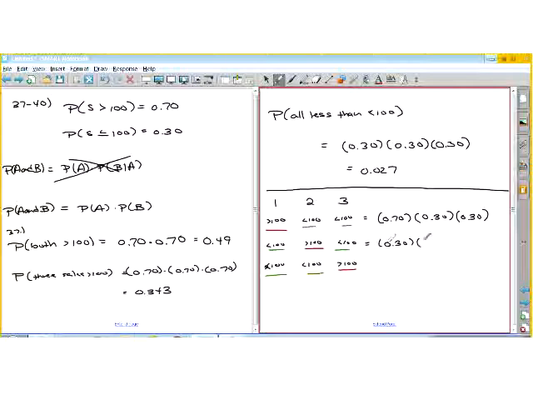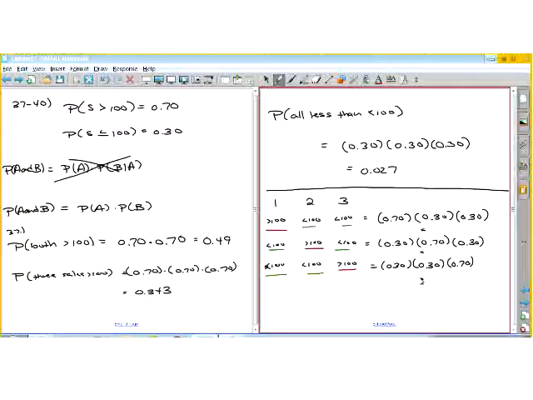Then the second one is you've got the 2 lower probabilities for the first and the third. And then finally, the last one, you've got the first 2 are the low probability. And the last one is 0.7. So you see we get the same number. It's just a different order. So whatever this number is, I just have to multiply by 3, or I can write it down 3 times.